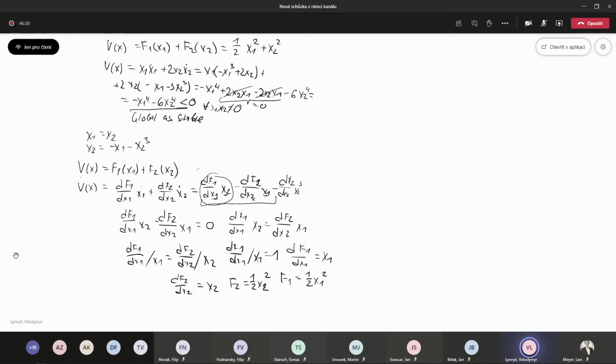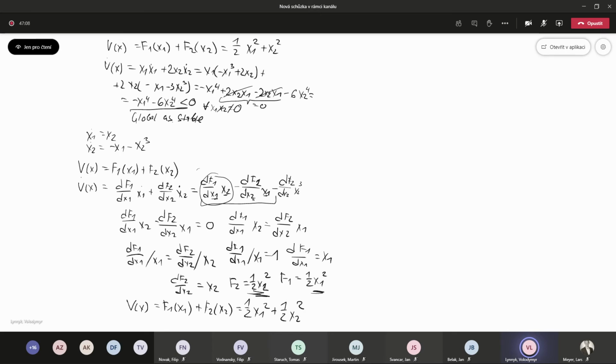Okay, any constant you can use. And now the final step, this V from x equal to f1 from x1 plus f2 from x2, equal to 1/2 x1 squared plus 1/2 x2 squared.